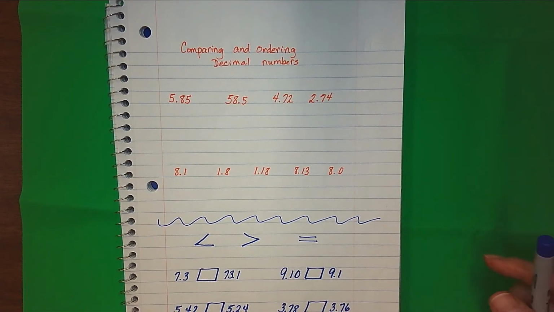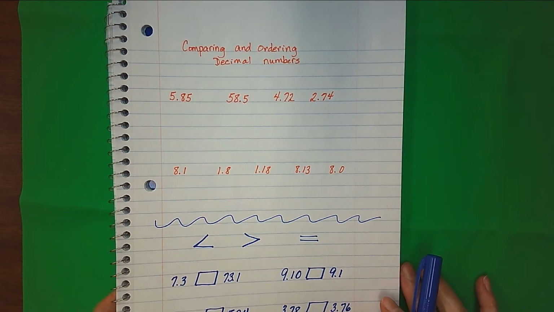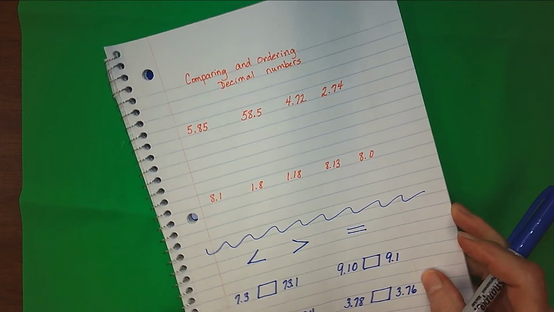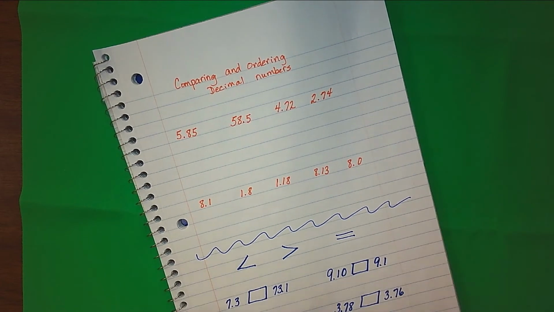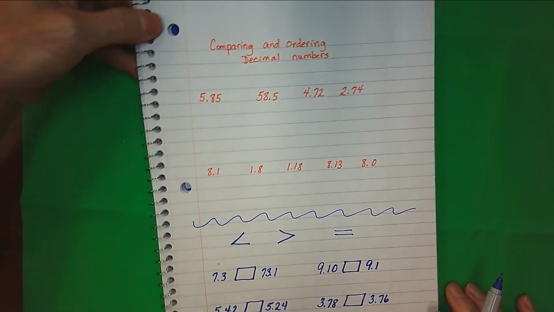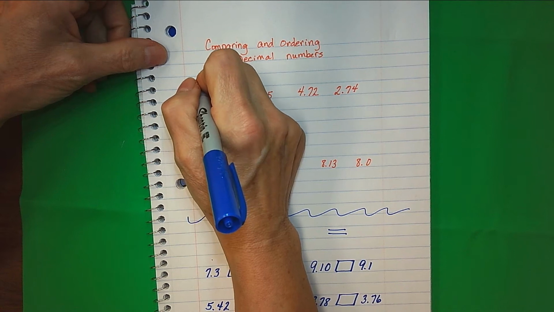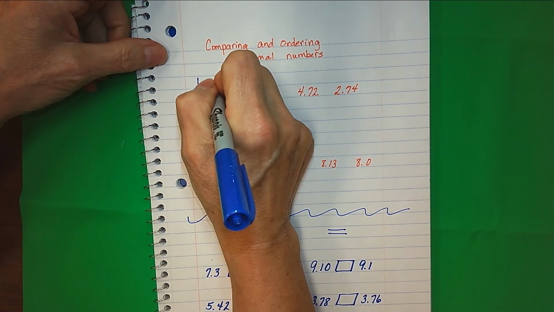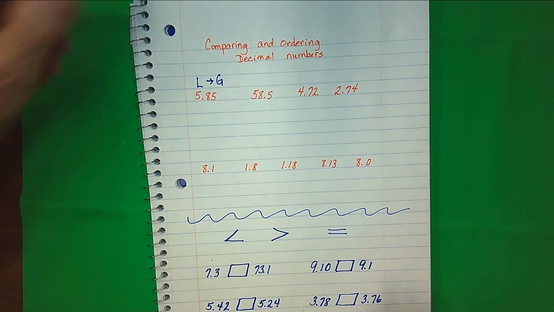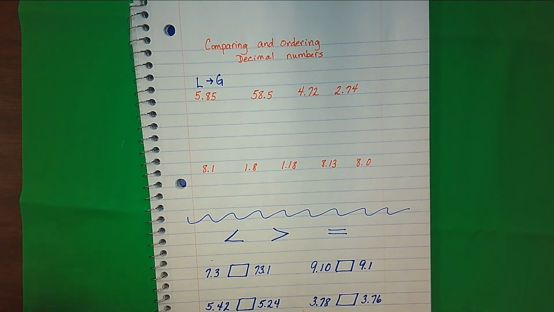Okay, so the first thing we're going to do up here is we're going to order our numbers. And remember, there are 2 ways that we can order our numbers. We can go least to greatest or greatest to least. So let's take this first set. And for the first set, we'll go ahead and go from least to greatest. Remember, that's one of the tougher things to pay attention to on these kinds of problems, is just to order them correctly.